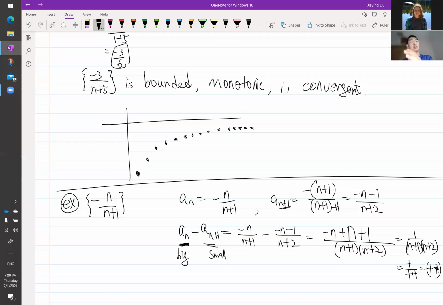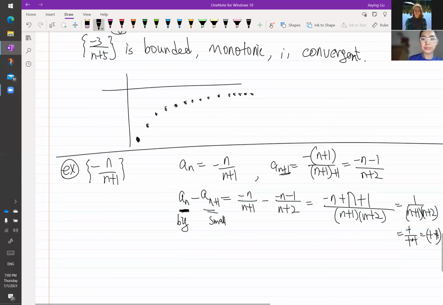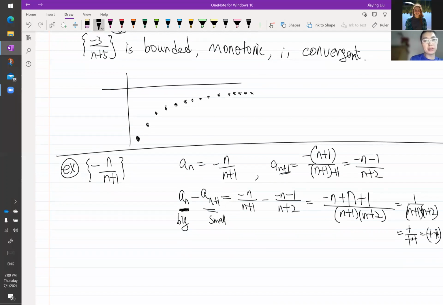A big number minus a small number gives a positive, right? So the first number is bigger than the number coming after. So this is a decreasing sequence, because we figured out it's positive for all n greater than or equal to 1. Doesn't matter what n is.